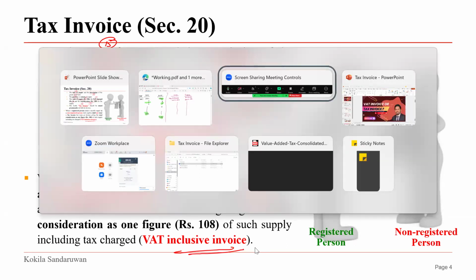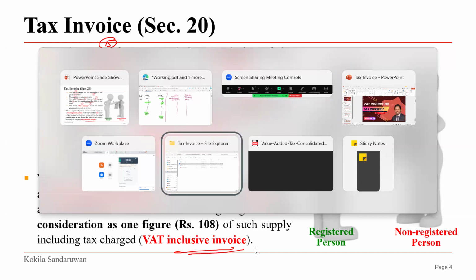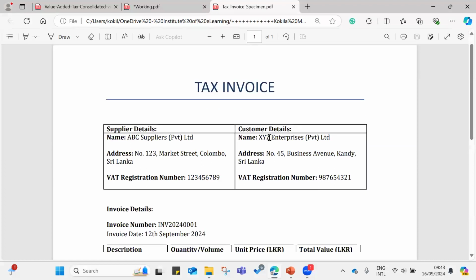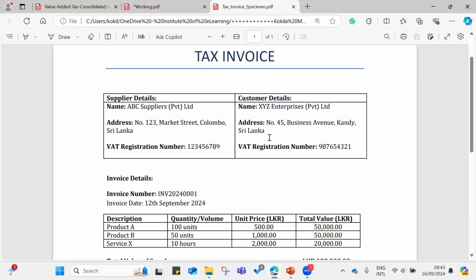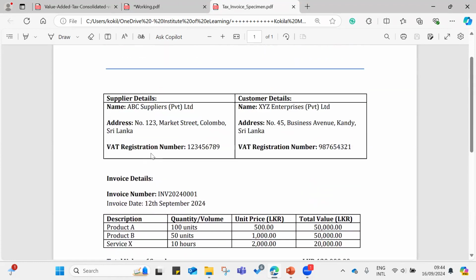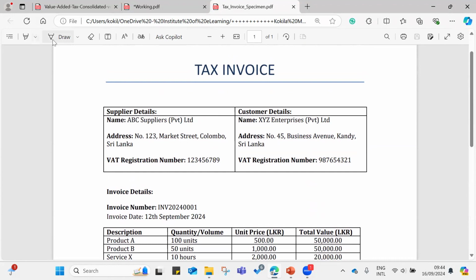So let me share a specimen of one invoice, and I will share this specimen under this video description. You can download it, and this is a sample you can use to make sure of the content. Here I will highlight the tax invoice name in a prominent place, along with the supplier's name, address, and VAT registration number.